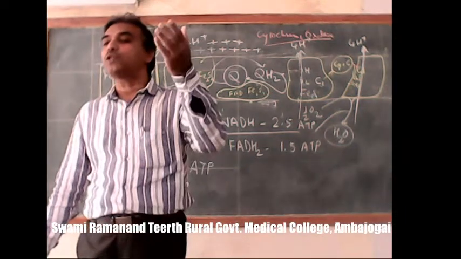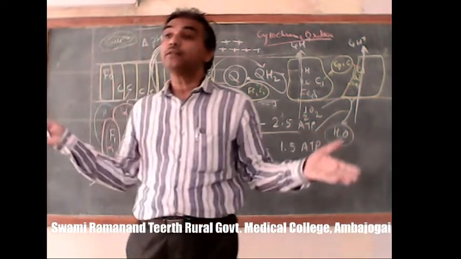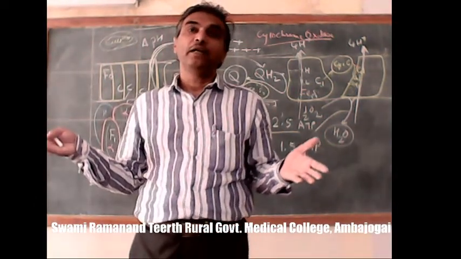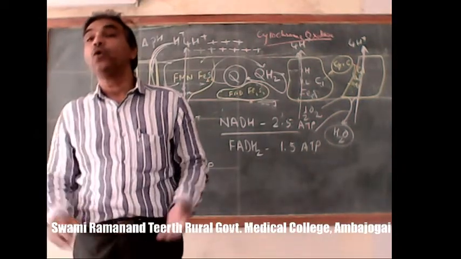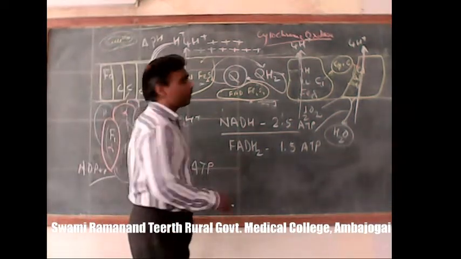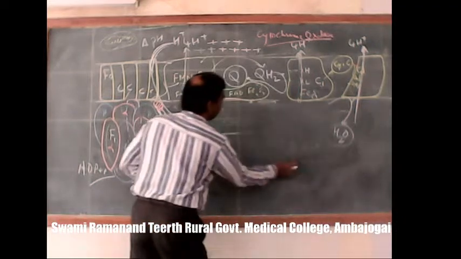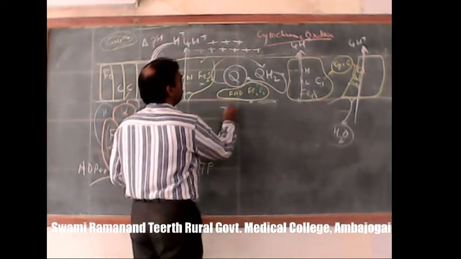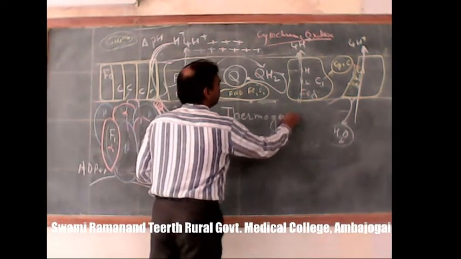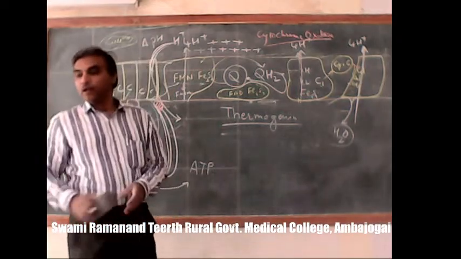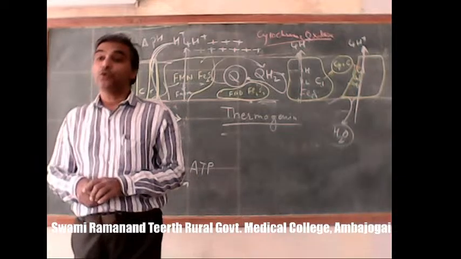So protons, whatever protons are pumped outside, will come inside, and energy which is liberated is used for heat. And this is seen in brown fatty tissue, where thermogenin is present. Thermogenin is seen in brown fatty tissue or brown fat.